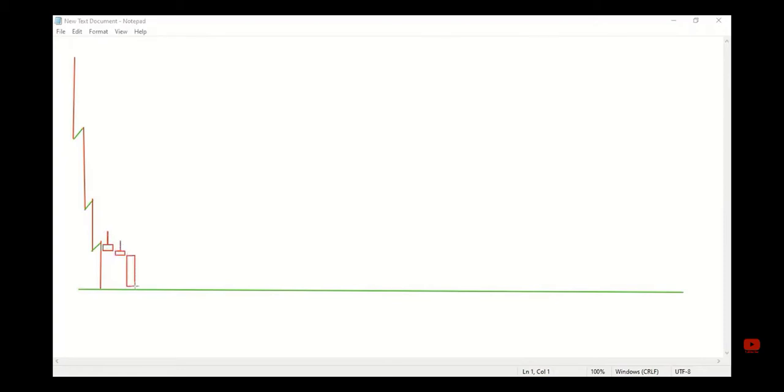After this type of candlestick, the market directly falls down like this. It's an exhaustion type candlestick.